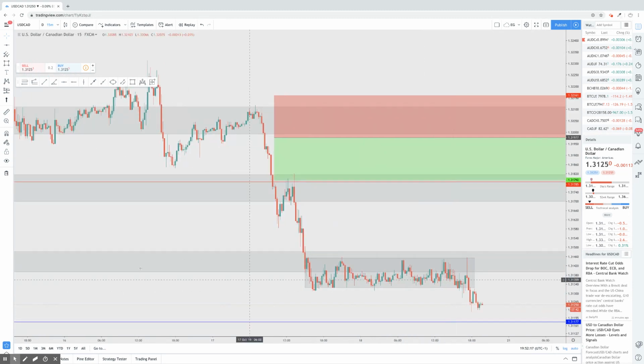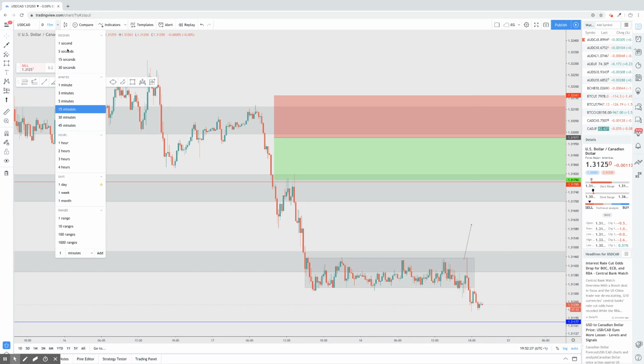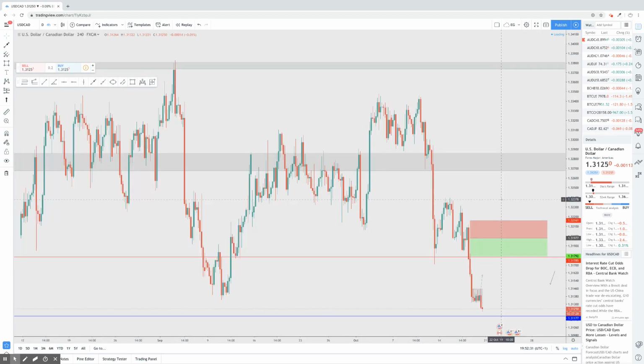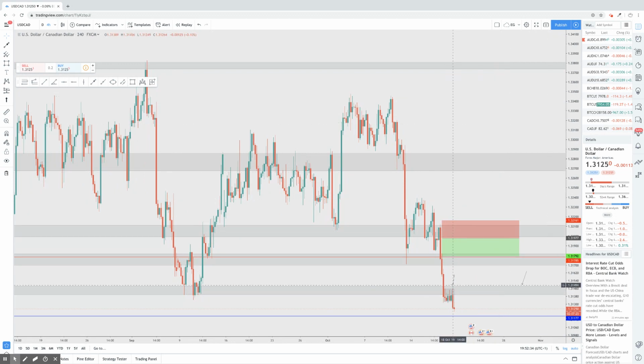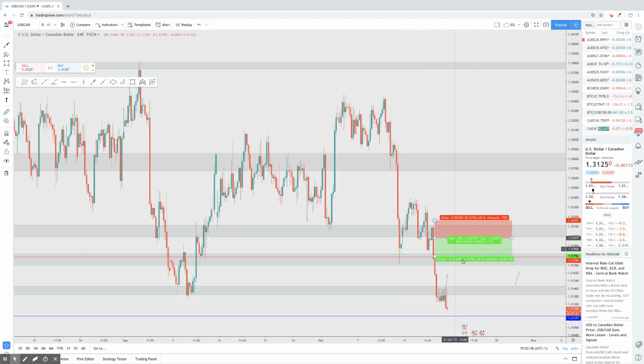Should price make a bullish move up, and we zoom out to the higher time frame and look at our structure, right now we're in a downtrend. If price were to pull up all of a sudden, it's changing direction, and you could also use that as an indication to pull out.